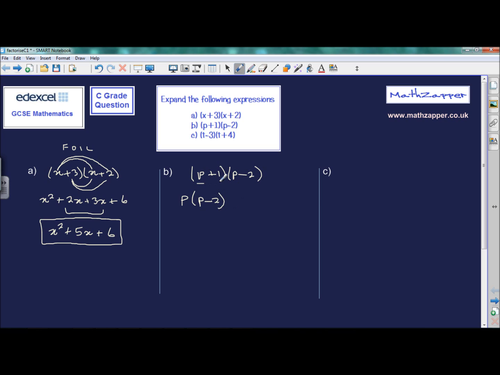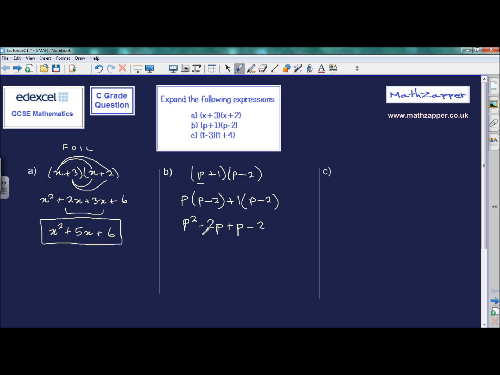The second part is plus 1, and again, important that we put the plus there, multiplied by p minus 2. And then it's a simple case of multiplication along the line. So p multiplied by p is p squared. P multiplied by minus 2 is minus 2p. 1 multiplied by p is p. 1 multiplied by minus 2 is minus 2.